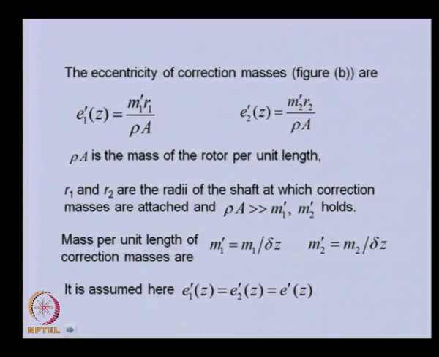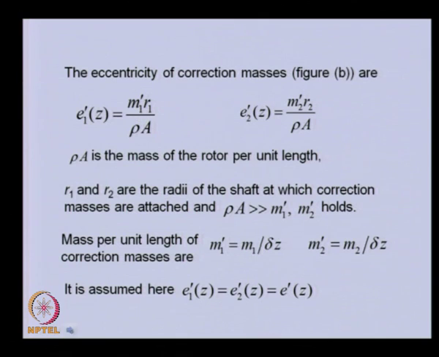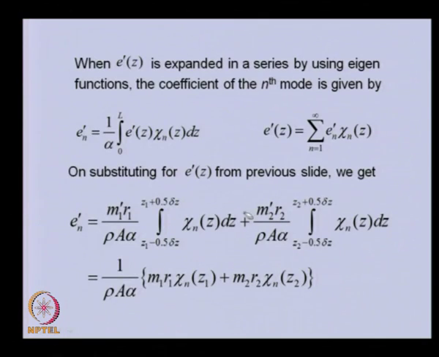So, you can see that we will have integration from z1 minus half of delta z to plus, and in that we have the first eccentricity distribution, corresponding to E1, this one, and in the remaining region this eccentricity is 0. So, in the second case where the second plane is there, this will be the eccentricity constant.